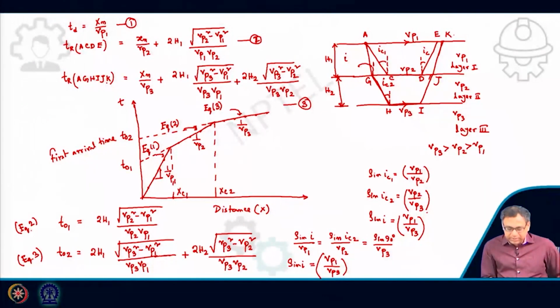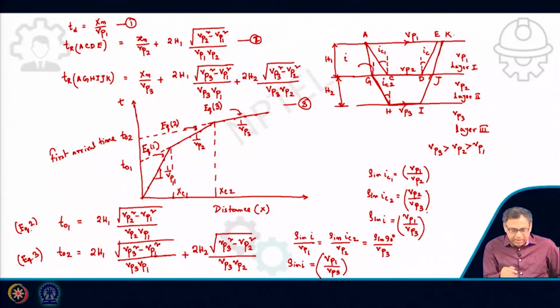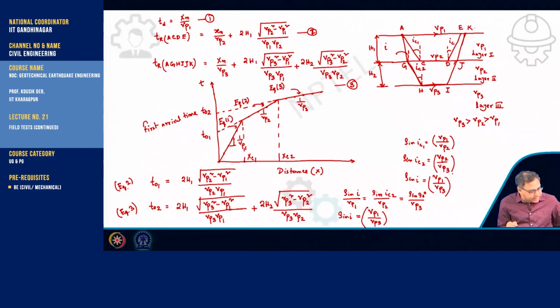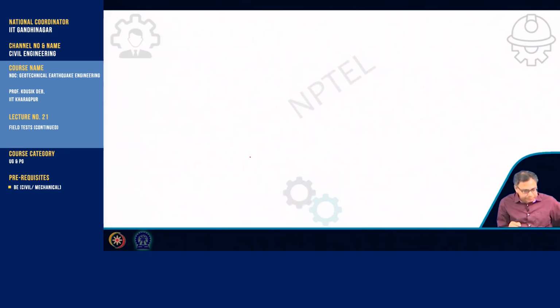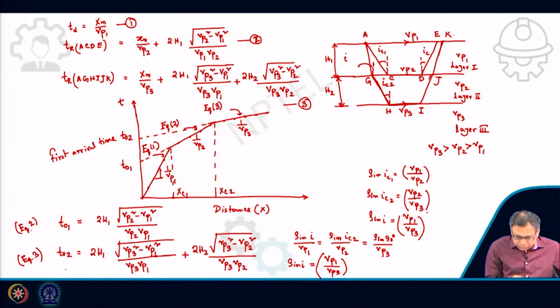Clear? And in a similar way you can use this critical distance concept also to determine H1 and H2, that I have discussed in the previous case. The similar way. Okay. So now if I take this T02, and simplify it, then I will get the expression of H2.